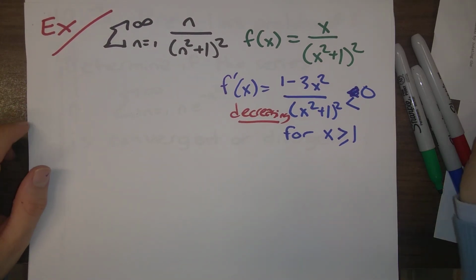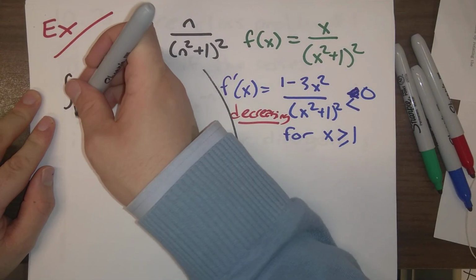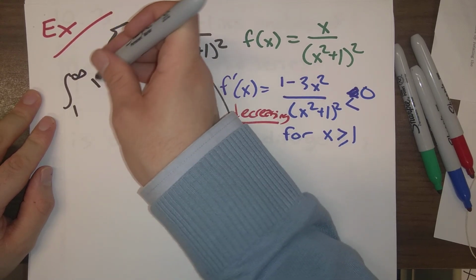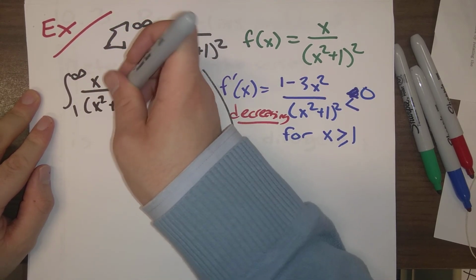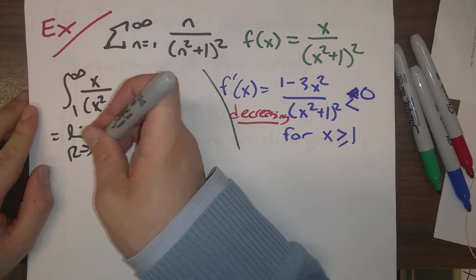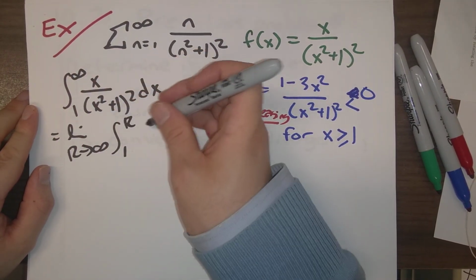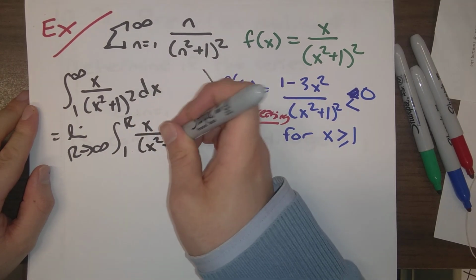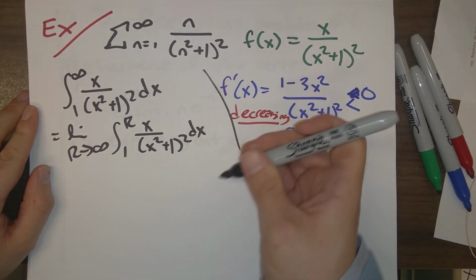So let's do the integral. The integral from 1 to infinity of x divided by x squared plus 1, quantity squared dx. That's the limit as r goes to infinity of the integral from 1 to r of x over x squared plus 1, squared.